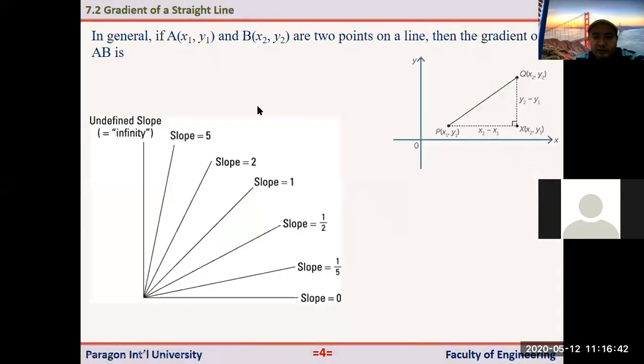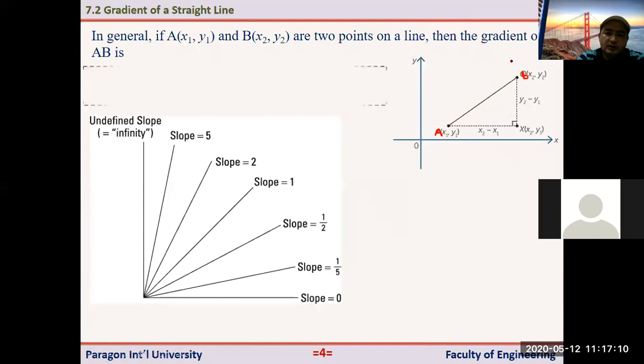So in general, let's say you're given 2 points. The coordinates of the first point are x sub 1 and y sub 1. We are talking about this point. And the second point, let's say this one is A and this one is B, has coordinates x sub 2, y sub 2. How do you find its gradient, how steep the line is?